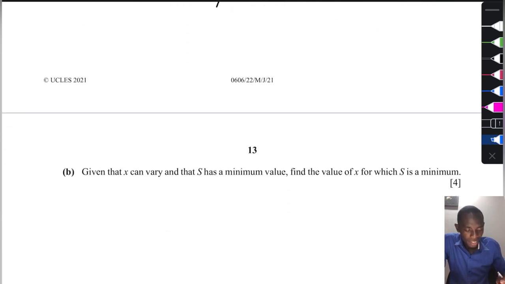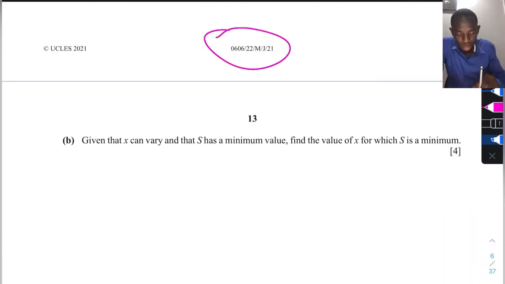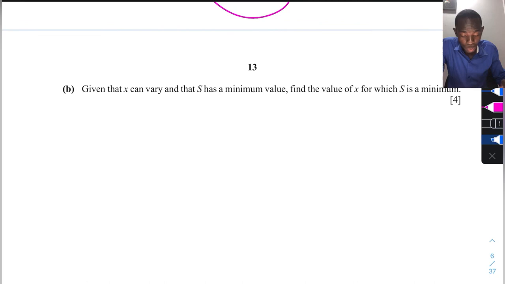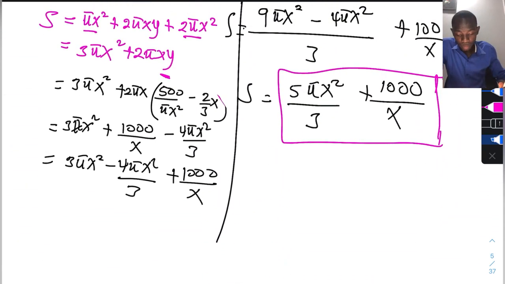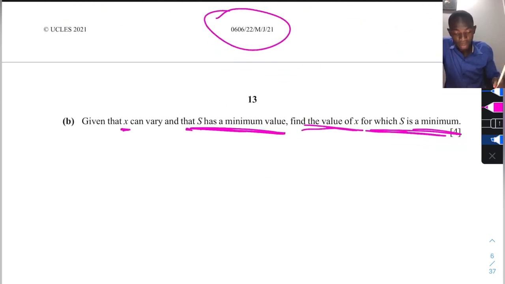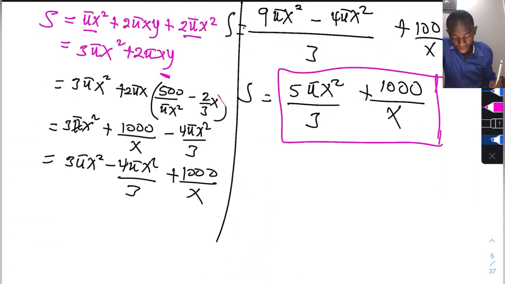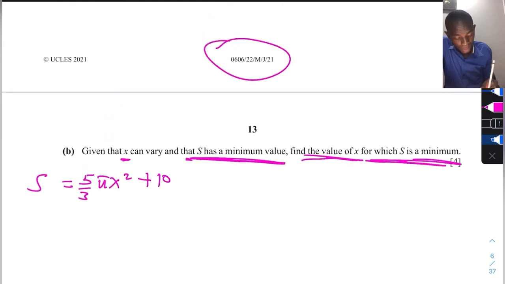Okay. Then the next thing, actually this is May June 22, really current 2021. They said that x can vary. Given that x can vary and that s has a minimum value, find the value of x for which s is minimum. So if we grab this particular thing that we got, that s is equal to 5 over 3 pi x squared plus 1000 over x.